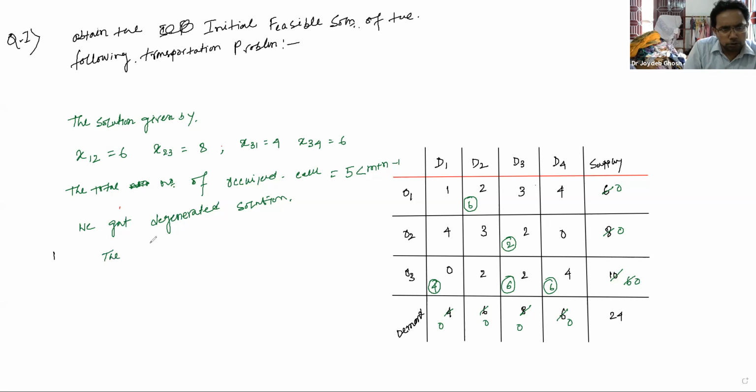The total cost equals 6 into 2 plus 2 into 2 plus 4 into 0 plus 6 into 2.